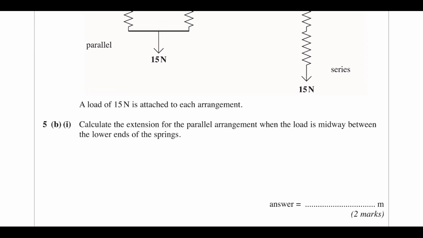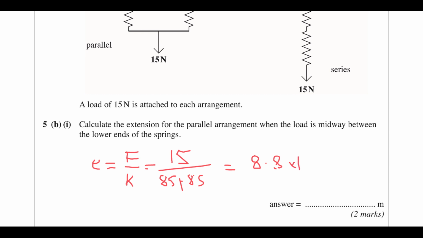The extension is going to be the force divided by the spring constant, so 15, and in parallel they add together, so it's 85 plus 85, and that gives us 15 over 170, which is 0.882, so 8.8 times 10 to the minus 2 meters when they're in parallel.